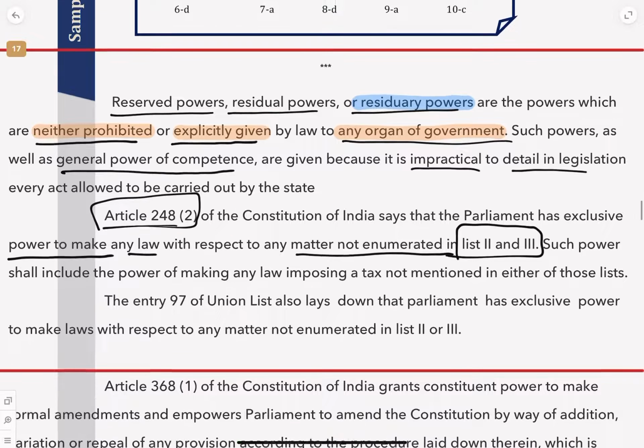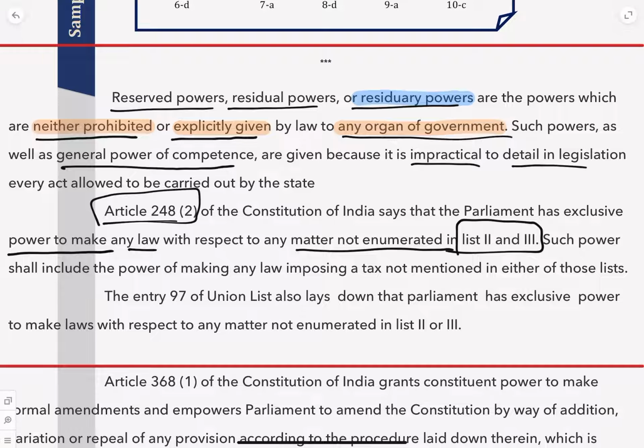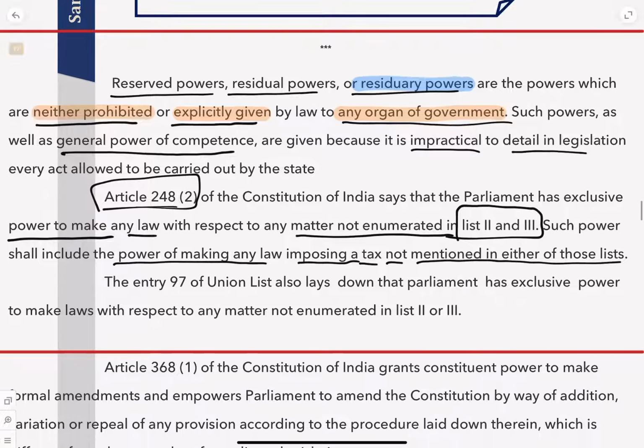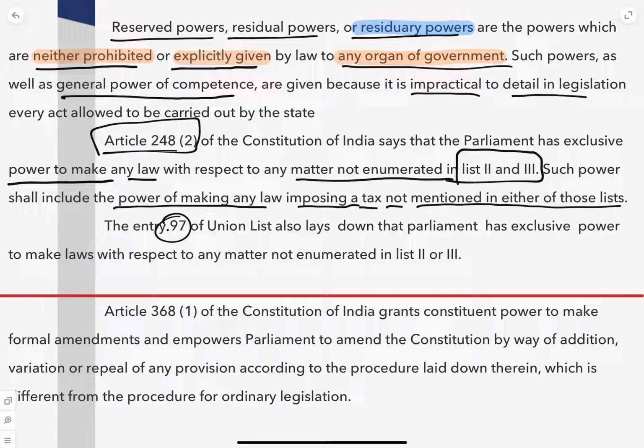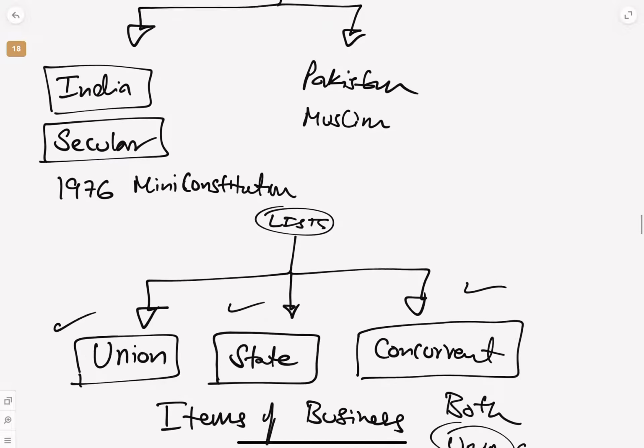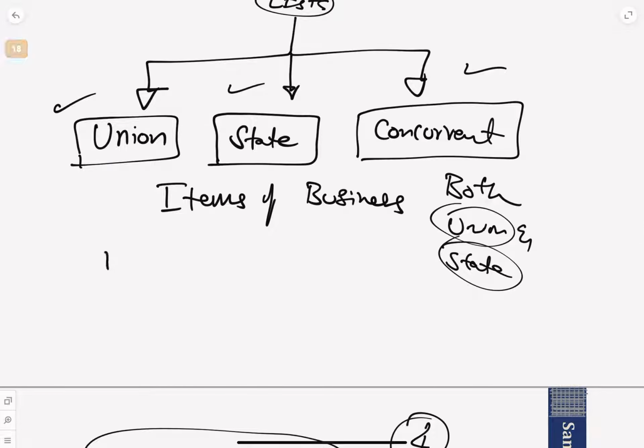Such power shall include the power of making any law imposing a tax not mentioned in either of those 2 lists. Entry 97 of the Union list also lays down that Parliament has exclusive power to make laws with respect to matters not enumerated in list 2 and 3. So list 1 is Union, list 2 state, list 3 concurrent.